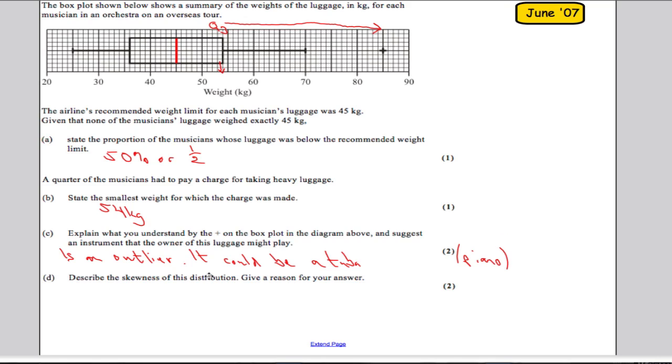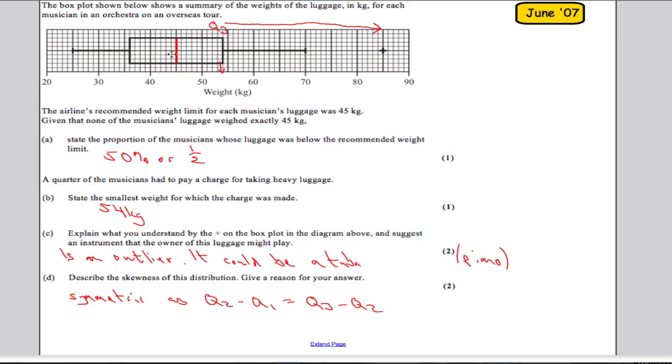Describe the skewness of the distribution, giving a reason for your answer. Well, we could do Q2 minus Q1 and Q3 minus Q2, but we can see from the diagram that it's symmetric, as Q2 minus Q1 equals Q3 minus Q2.